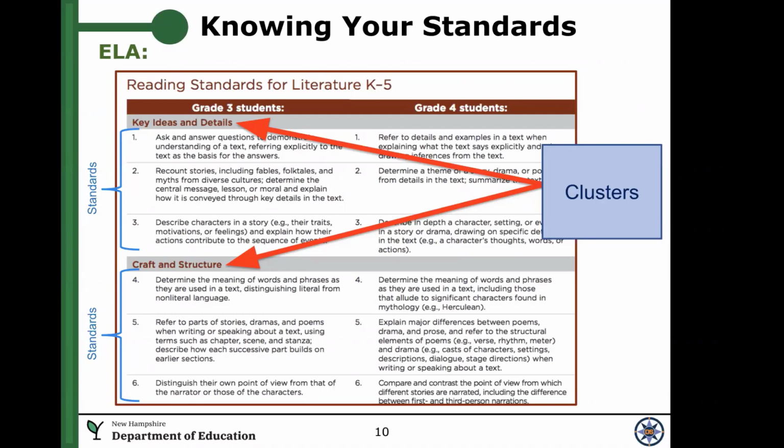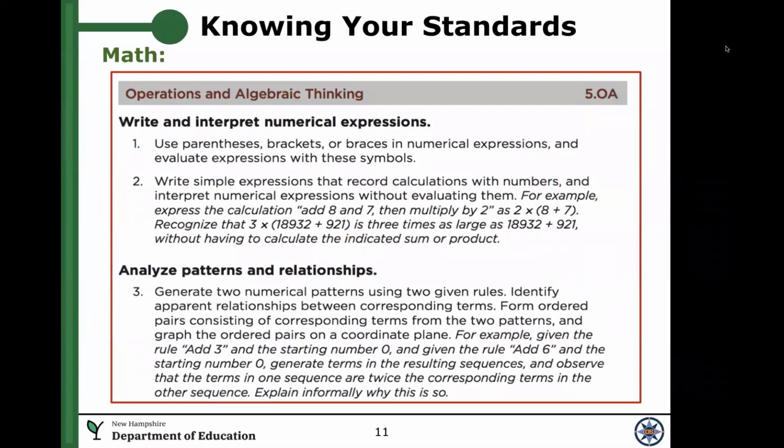So when we talk about standards, those are the third level down, right? Reading standards for literature is your reporting category or domain, key ideas and details is a cluster, and underneath that is each standard. Those are numbered. Standard 1 for reading standards for literature is here, 1 through 3, and then 4 through 6 is here.